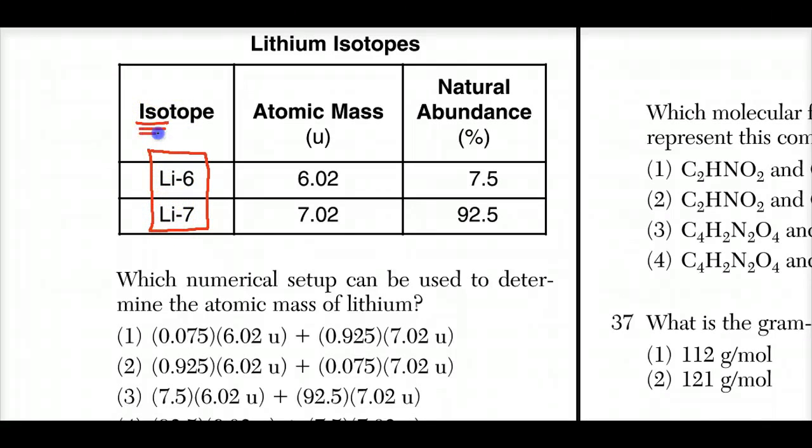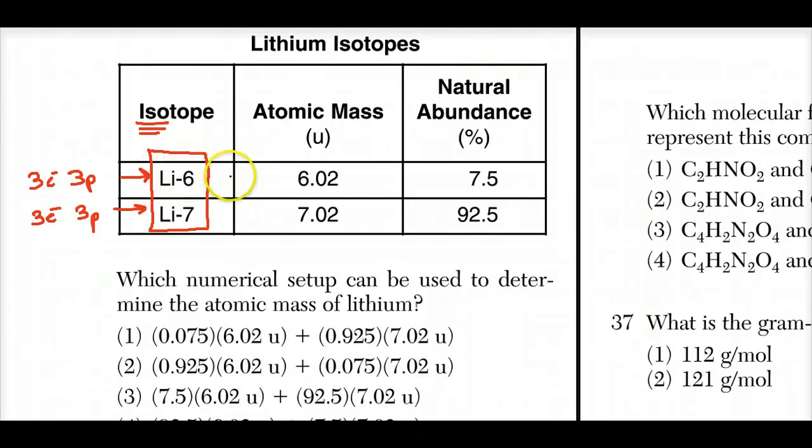Iso means same. Same element, same number of protons. By the way, lithium's atomic number is 3, so they both have 3 protons. They're both atoms. Don't confuse isotopes with ions, so they all have 3 electrons. The only thing that differs is their neutron number.